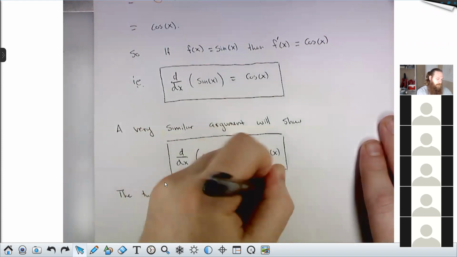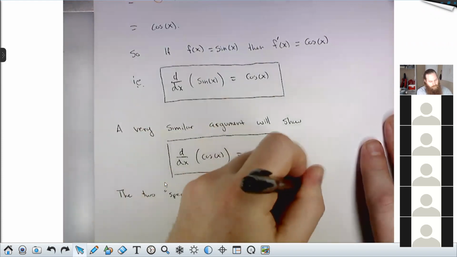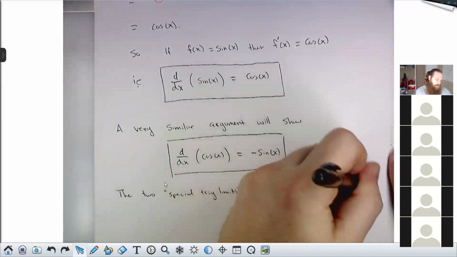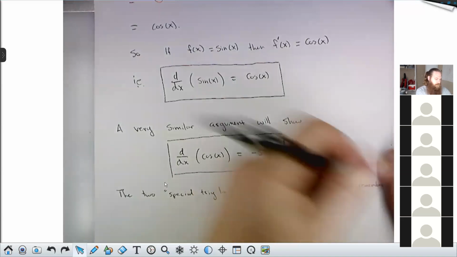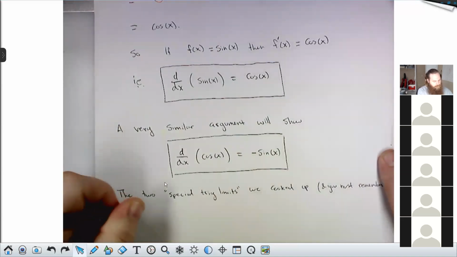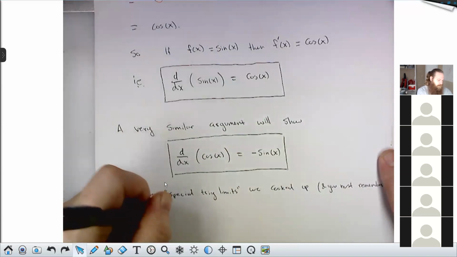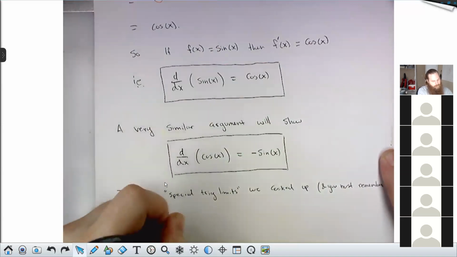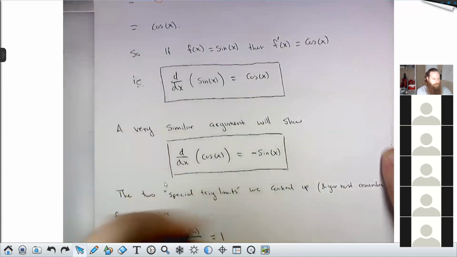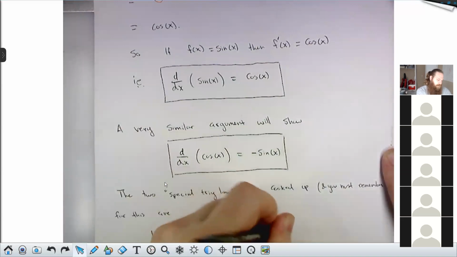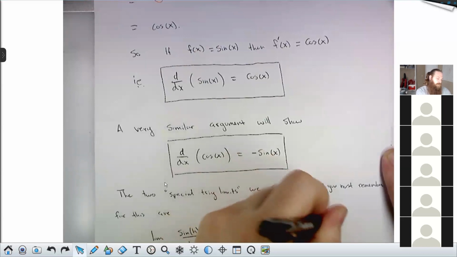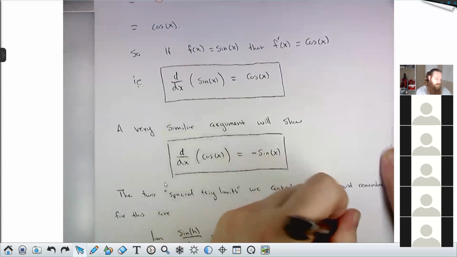We cooked them up, and you must remember them. They are: the limit as h goes to 0 of sine h over h equals 1, and the limit as h goes to 0 of cos h minus 1 over h equals 0.